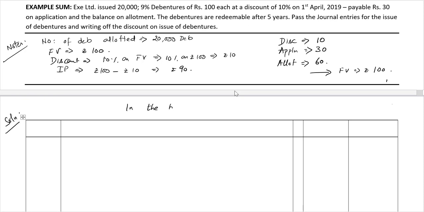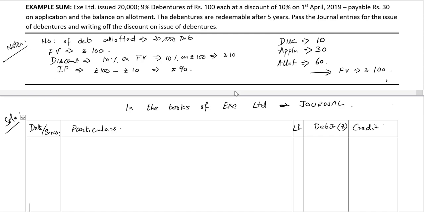In the books of EXE Limited, journal, date/serial number, particulars, LF, debit rupees and credit rupees.